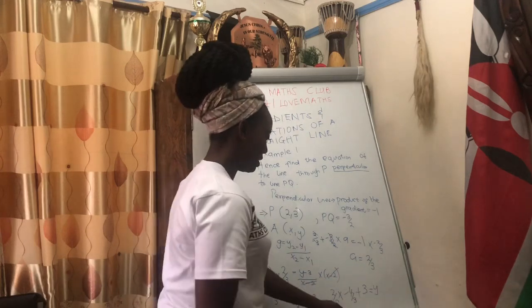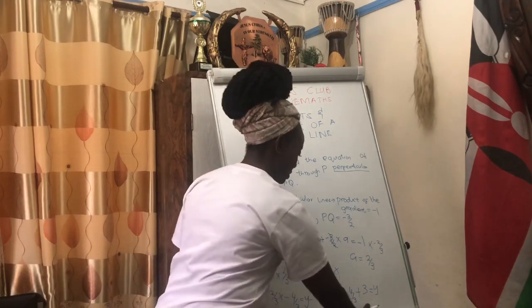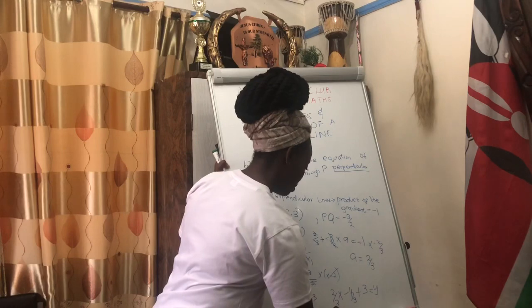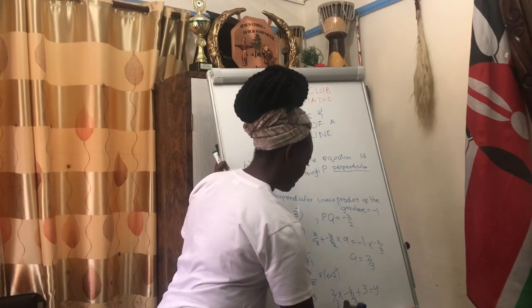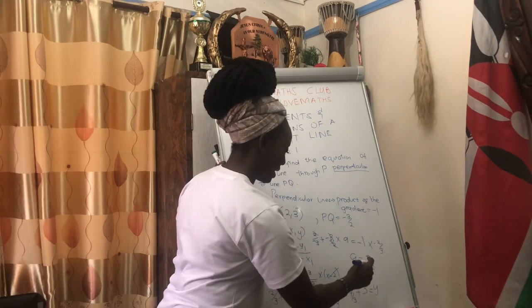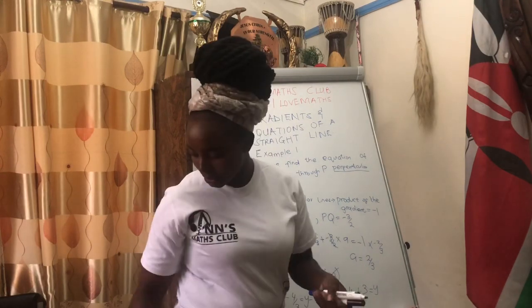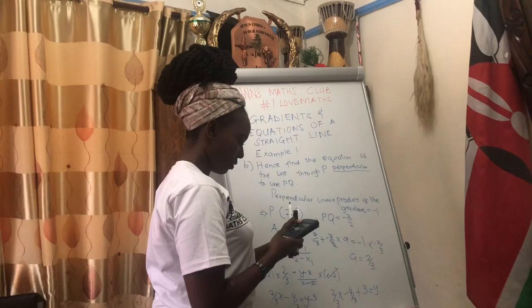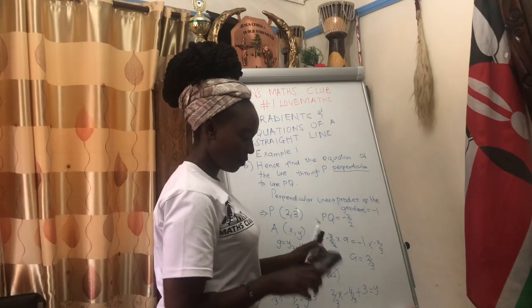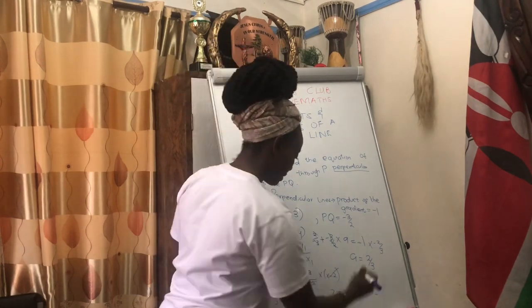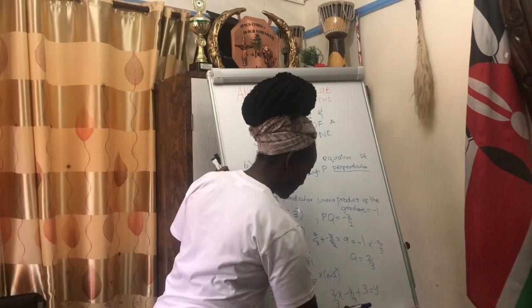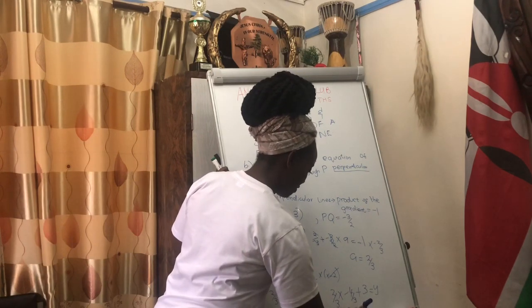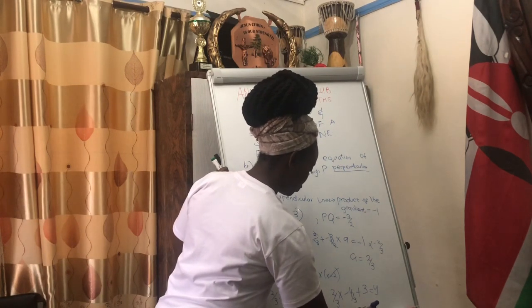So basically it's going to be 2 over 3x minus 4 over 3 plus 3. That becomes 5 over 3, positive 5 over 3, is equal to y.